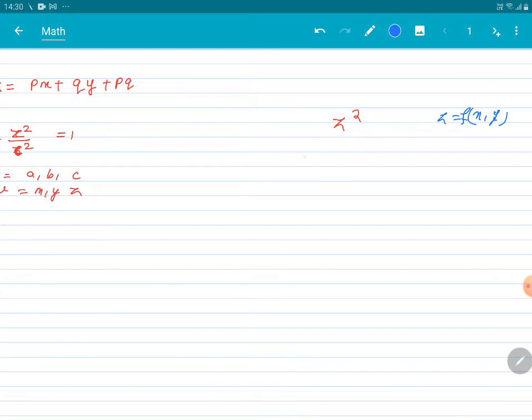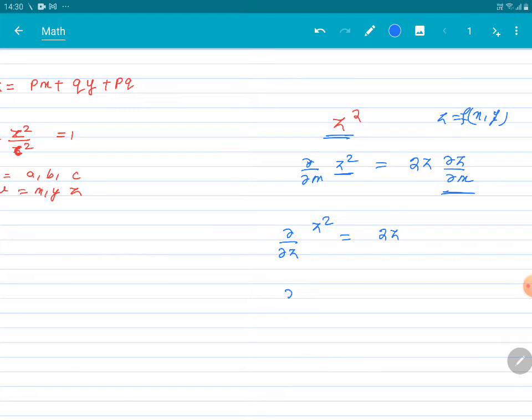So you write del by del x of z square, which is 2z into del z by del x. Clear? This is the chain rule. If they ask for the derivative of z square with respect to z, then it is 2z only, because del z by del z is 1, so no need to write.